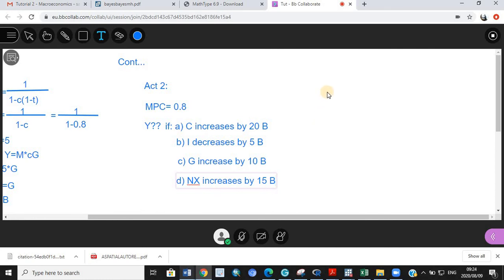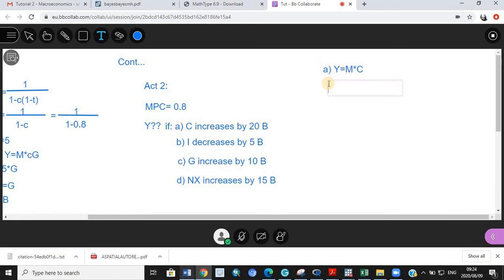So we will say A. Change in Y is going to be equal to the multiplier times change in C, which is the autonomous consumption. Here we must write the change, I'm just not writing it because it looks quite weird.